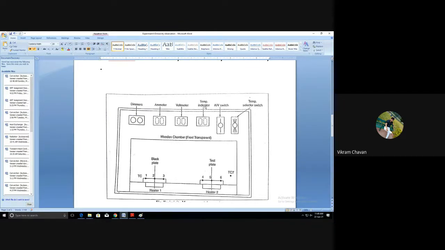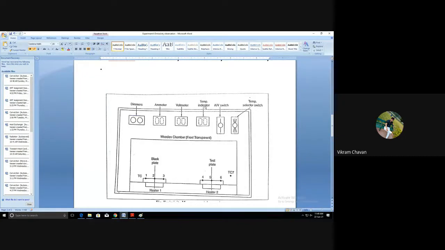We know that voltage multiplied by current gives the heat supplied or generated by the heater. Two knobs are provided to shift the readings from the black plate to the test plate.